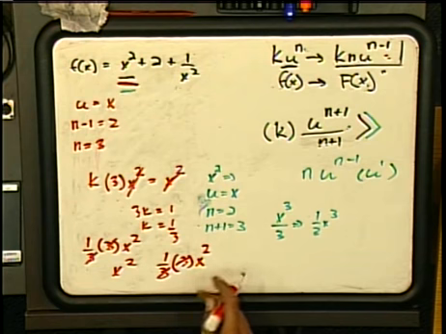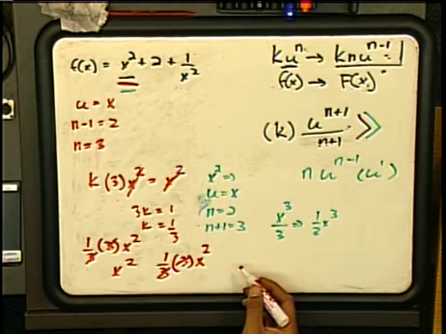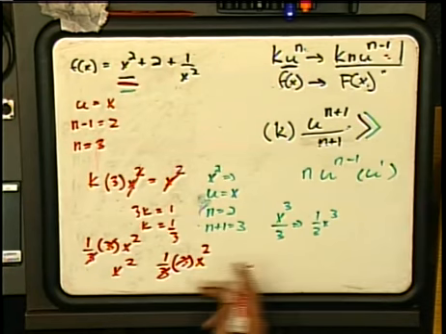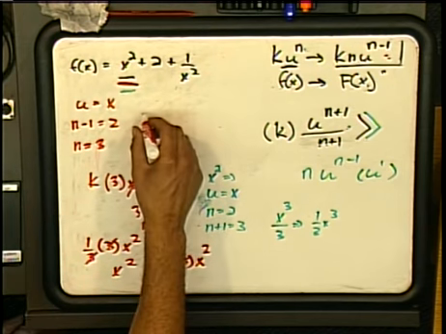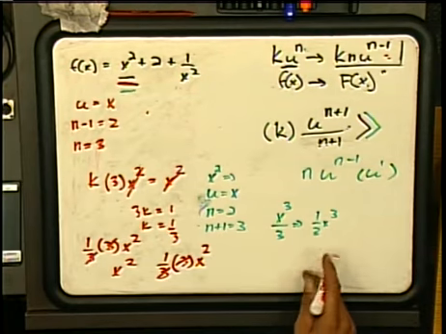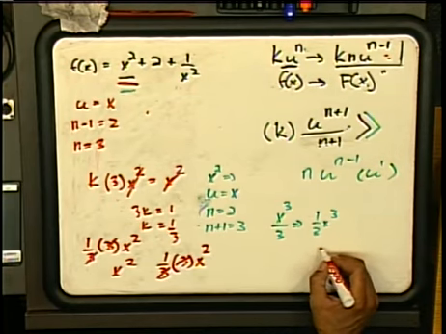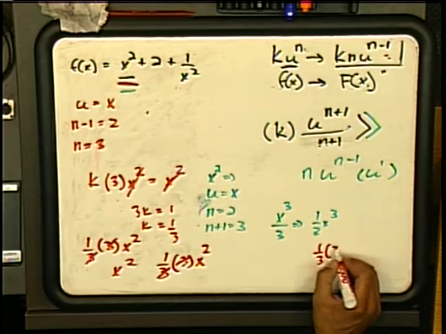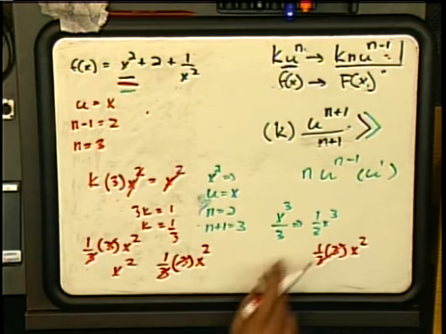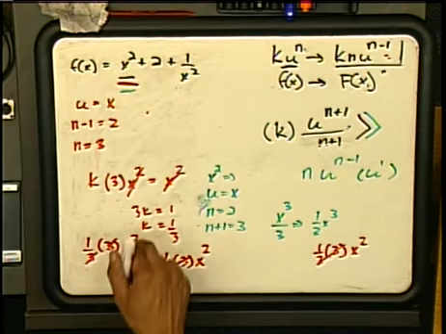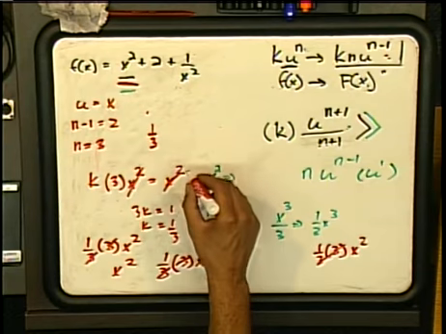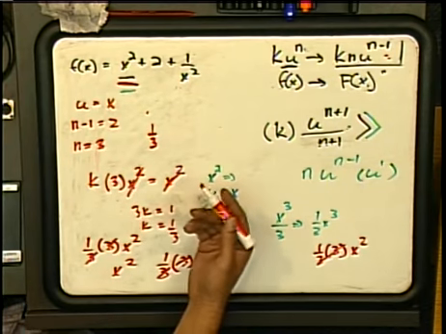So what's our... We found k. What's the derivative of that? That's okay. If you put an n in there, then that cancels out.